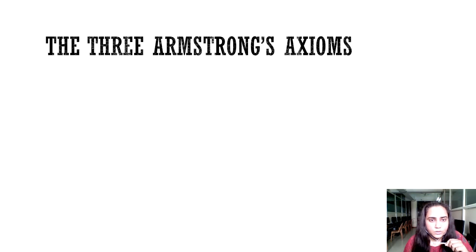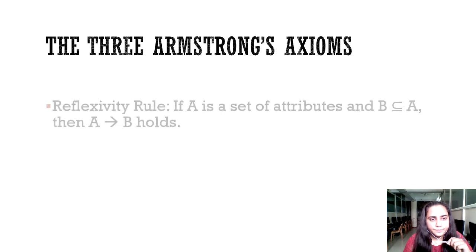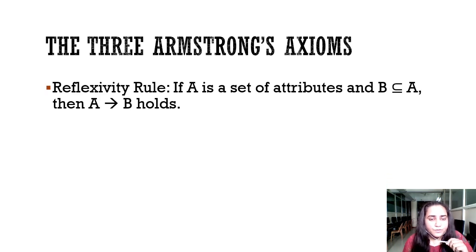Now let's see what the three Armstrong's axioms are. These are the three basic rules which are available. Let's see the first one. It is known as reflexivity, and it's very easy to understand. It simply says that if A is a set of attributes and B is a subset of A, or B is equal to A, then A determines B holds.